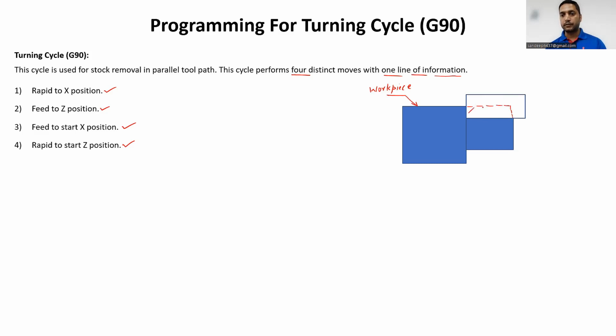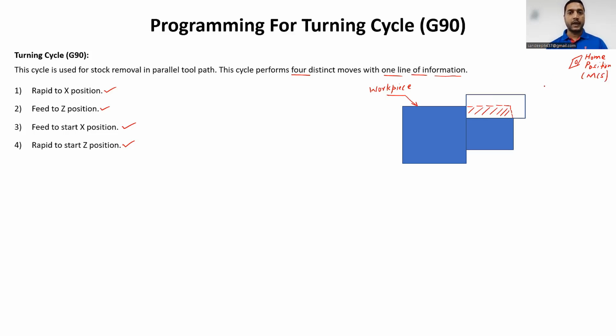We are interested in removing this much material from the workpiece. We also know that initially our cutting tool will be at its home position. So let me draw the home position for you. This is the insert of the cutting tool, and it is at its home position. Home position is also called the machine coordinate system, MCS.